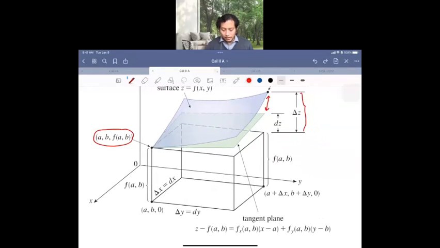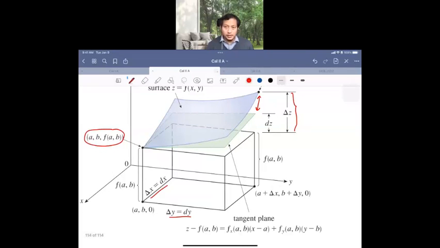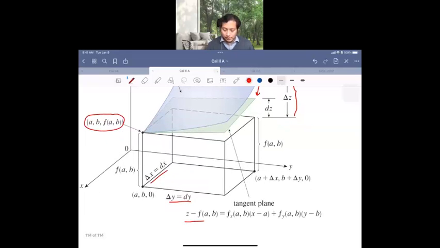And all the dx and dy are independent, so not our concern. Our concern here is the z, and this is the tangent plane.